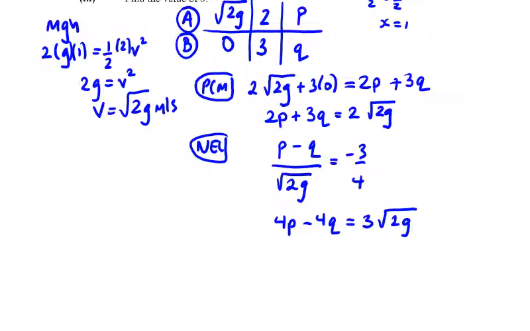Now I have 3q and 4q, so I need to multiply both. I can bring this one down, multiplying it by minus 2. So minus 4p minus 6q is equal to minus 4 by the square root of 2g.